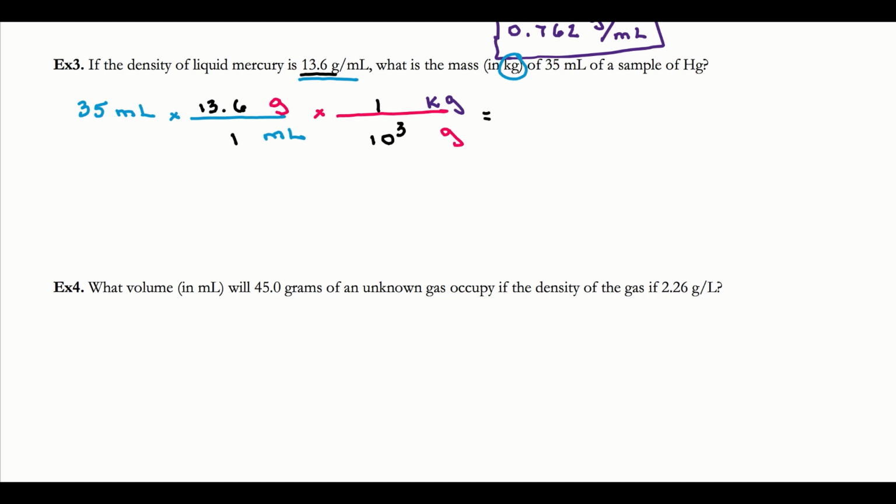So now all I have to do is the math, 35 times 13.6 divided by 1,000, and what I get unrounded is 0.476 kilograms. Okay, these are both conversion factors, so I'm just going to use 35 for sig figs. So I should have only 2 sig figs. 1, 2. The 6 rounds the 7 up, so this is going to be 0.48 kilograms.